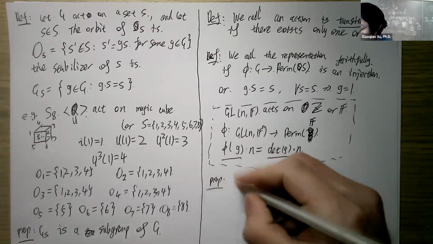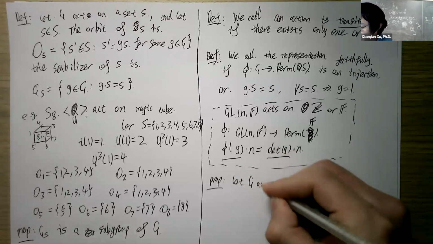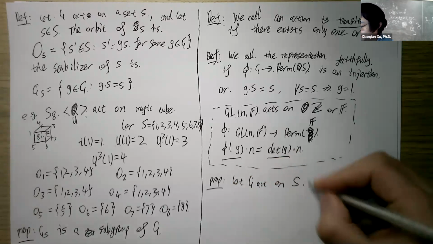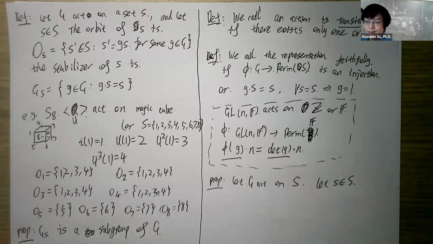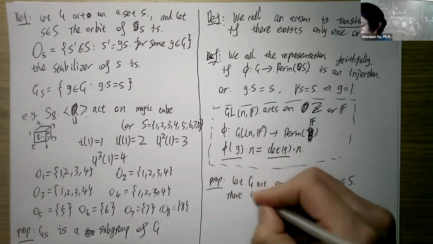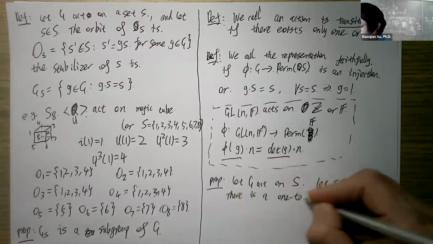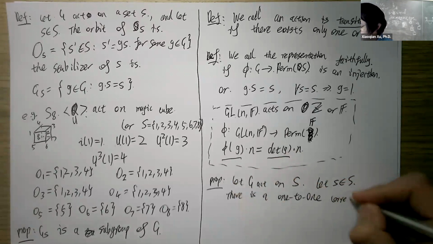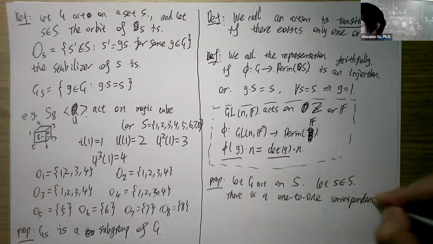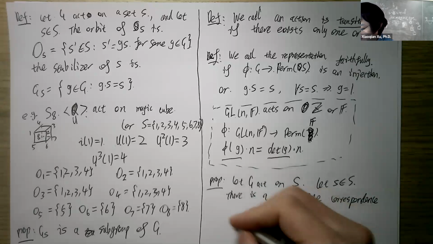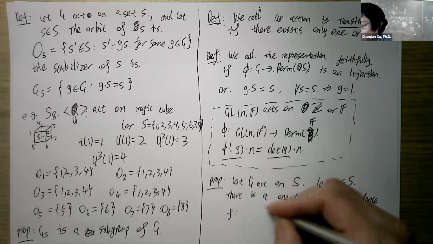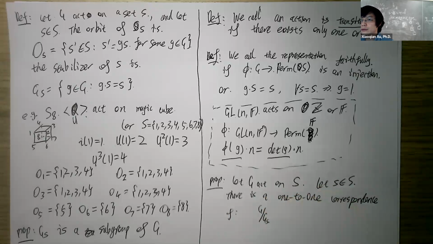Let's say we have a group G acting on the set S, and let s be in S. There is a one-to-one correspondence, which means there is a bijection f from G over G_s to the orbit of s. I'm sorry, this is not a quotient group.